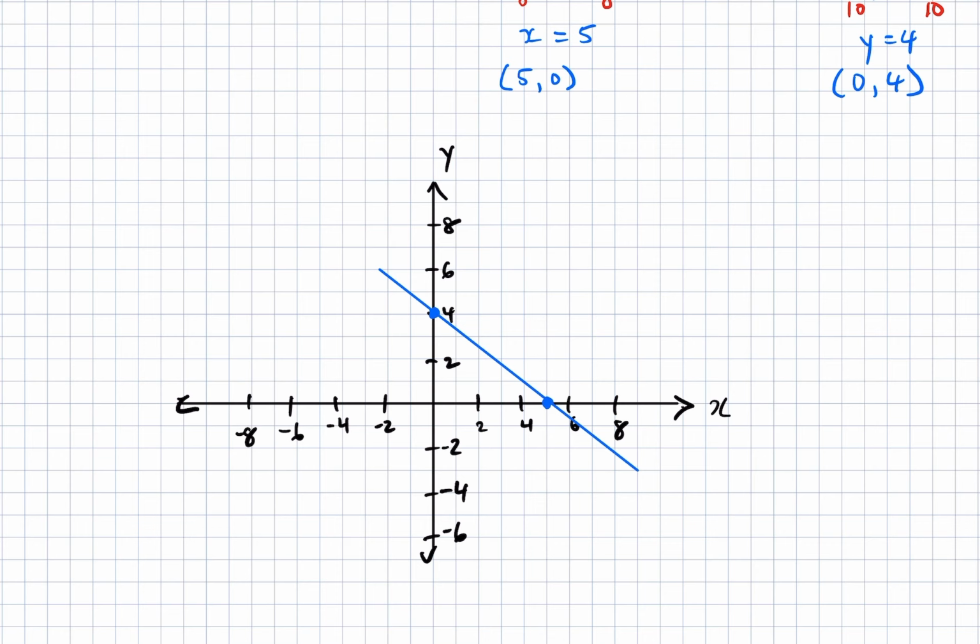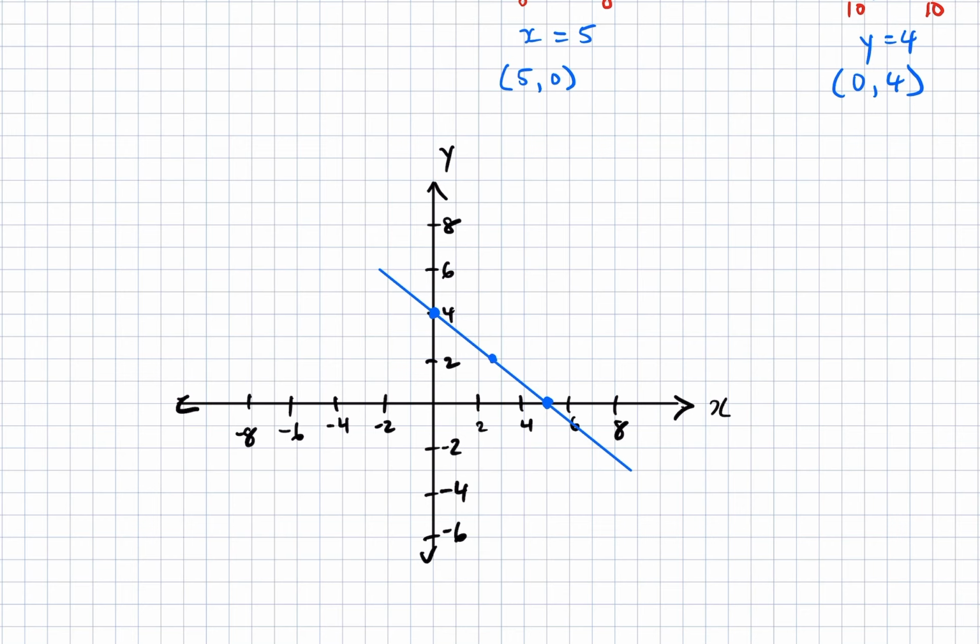Let me adjust this line a little bit. It's not crossing the exact point correctly. There we go, that's a little more precise. All right, so our midpoint is right about here, and we can put a dot at the midpoint.